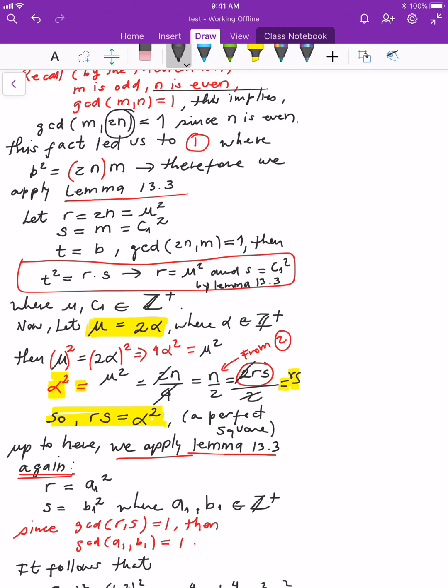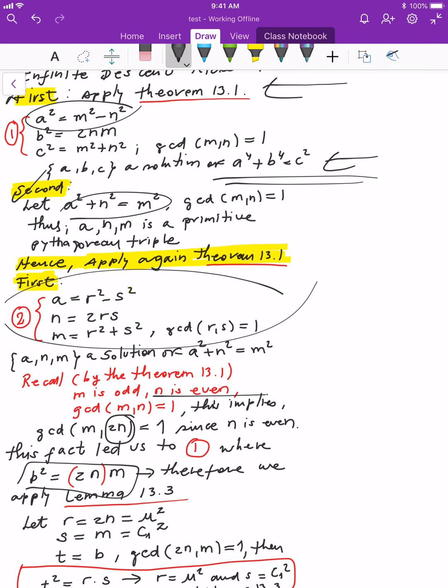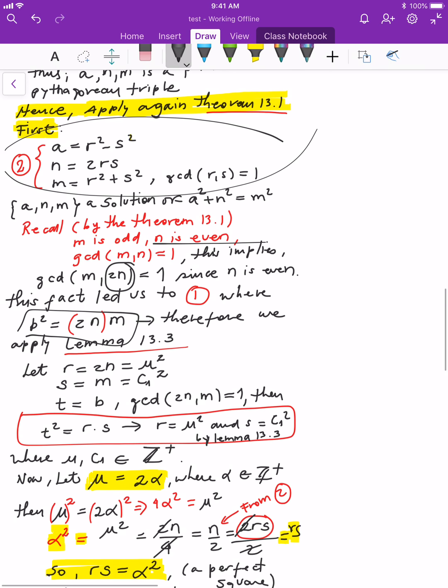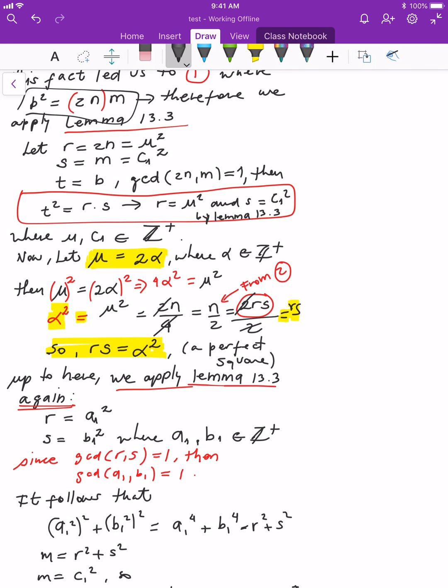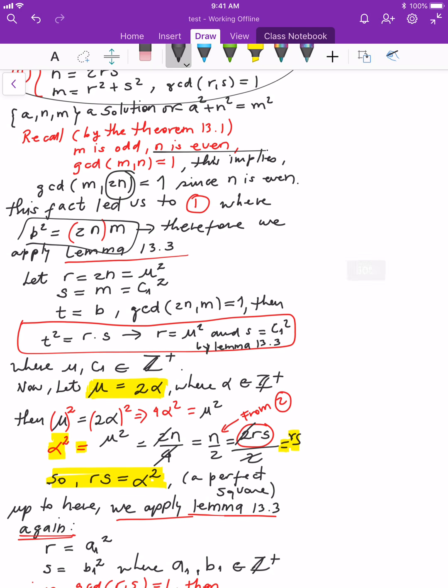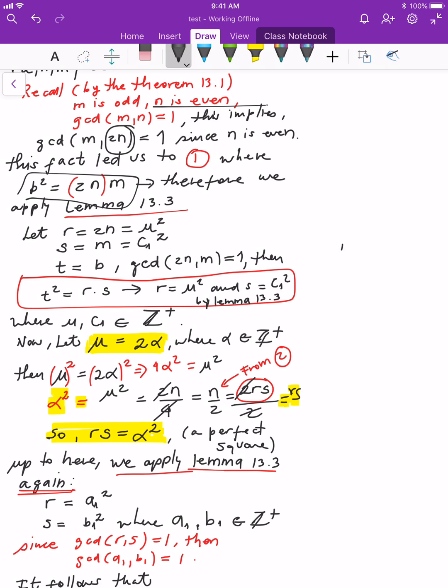Since n is even, this fact led us to equation 1, where b squared is equal to n. Now, this one here in 1 is right here. Apply lemma 13.3. This is the first time we're applying lemma 13.3.